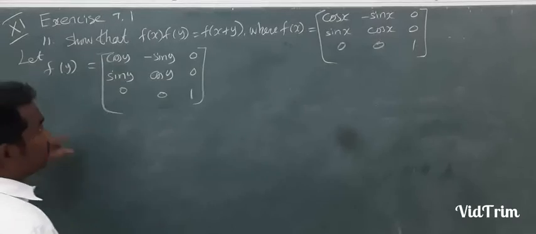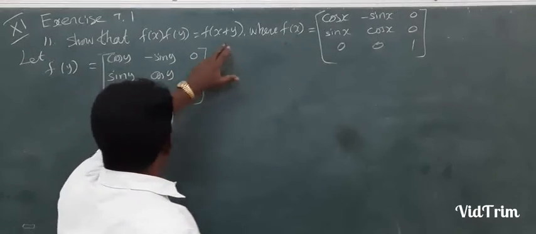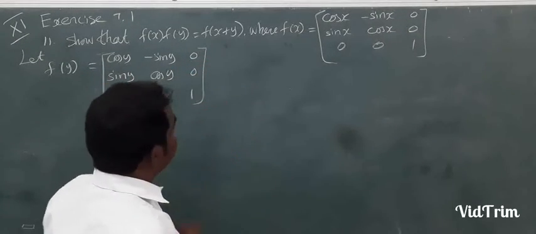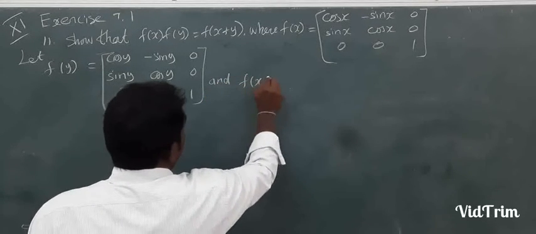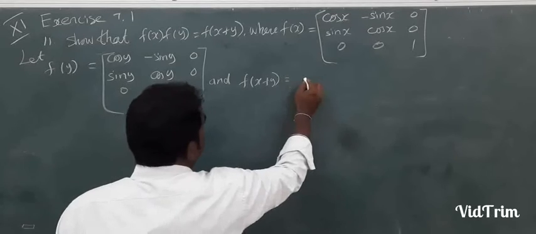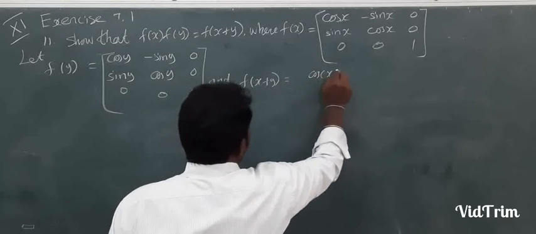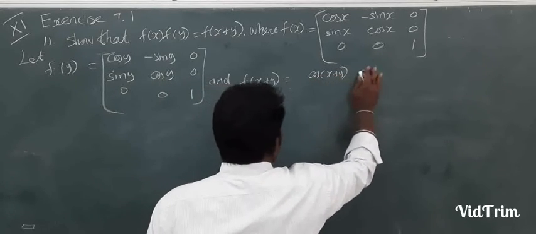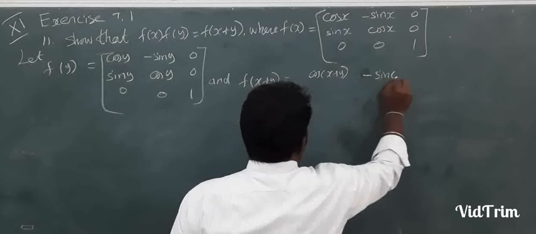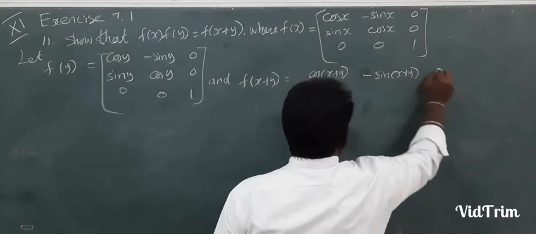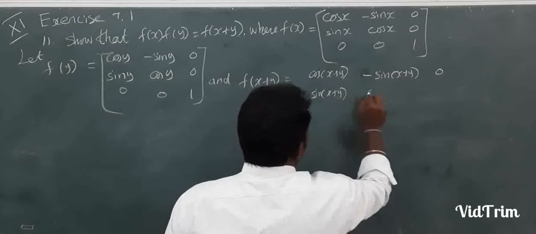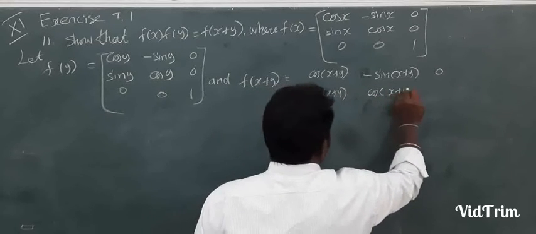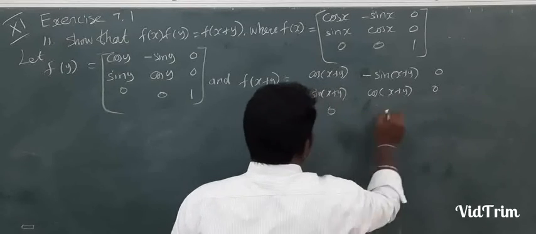So next we assume f of x plus y, and f of x plus y is equal to cos of x plus y, minus sin of x plus y, 0; sin of x plus y, cos of x plus y, 0; 0, 0, 1.